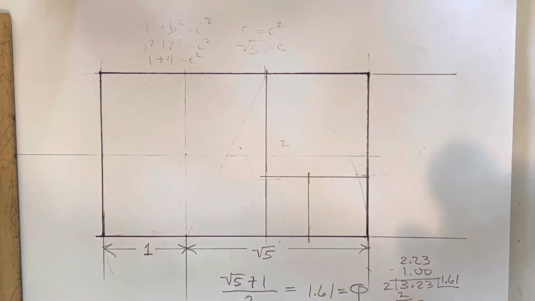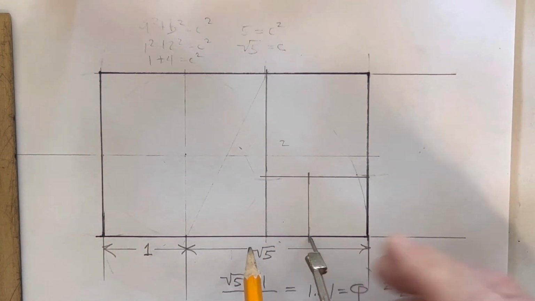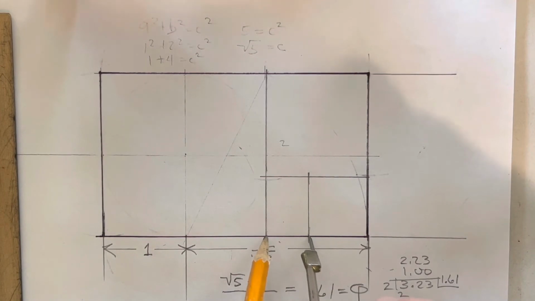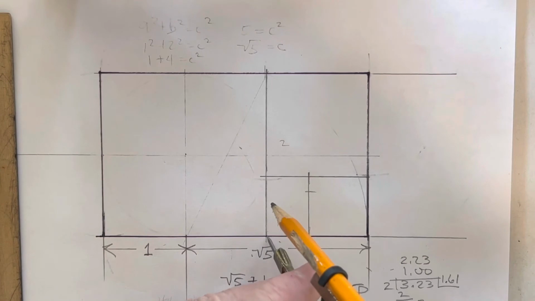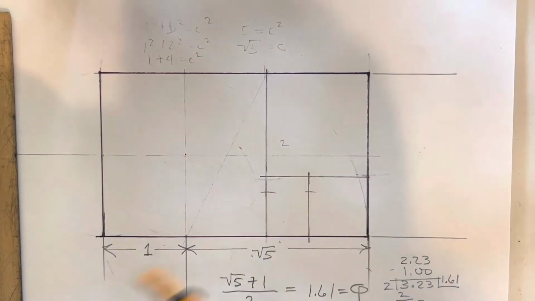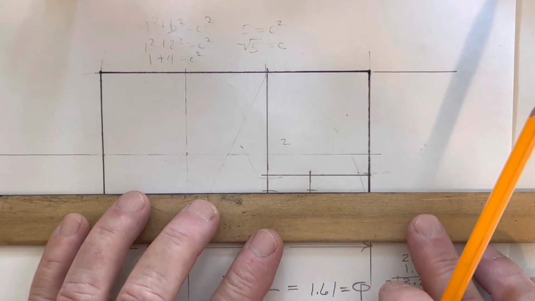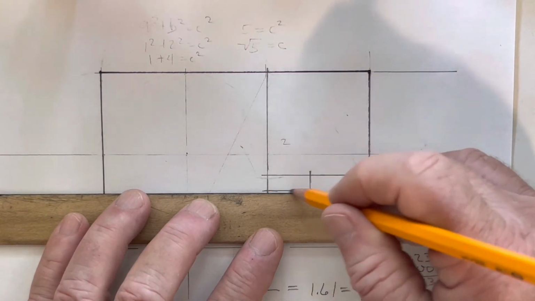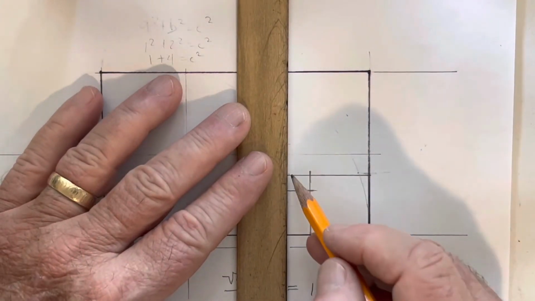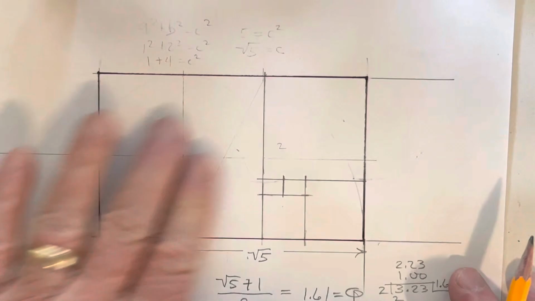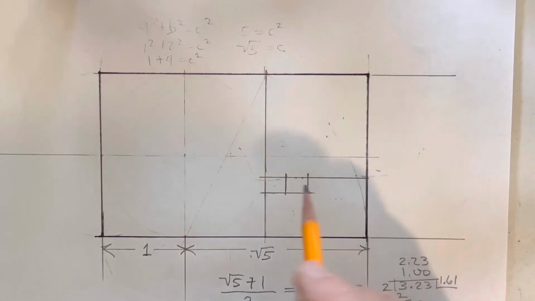If I continue this, and if we were to do the same in the middle, and there we would have it. I can do that like this.